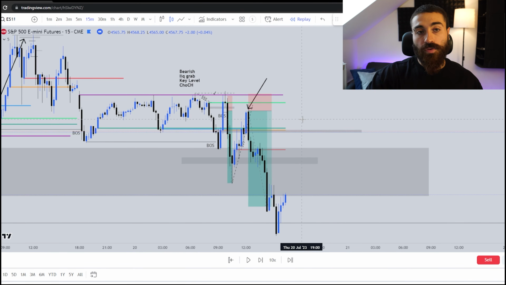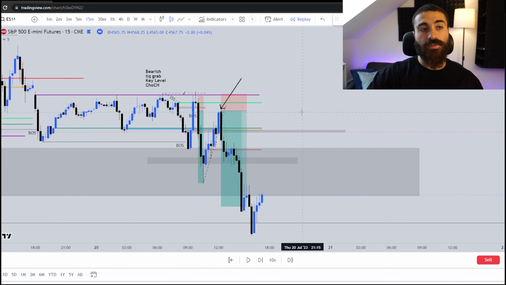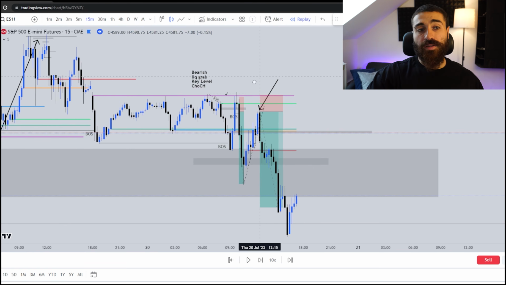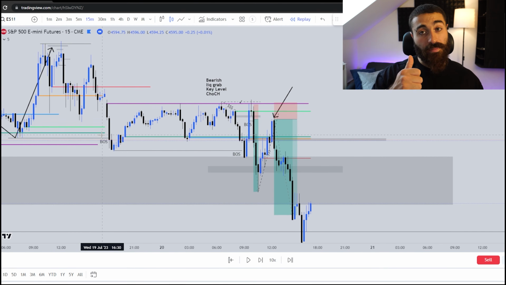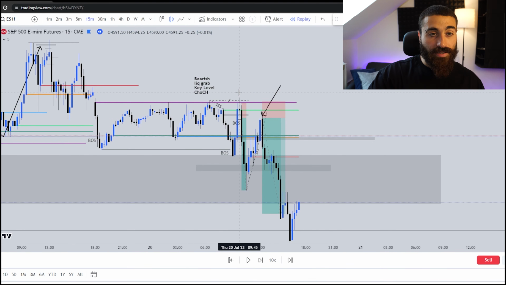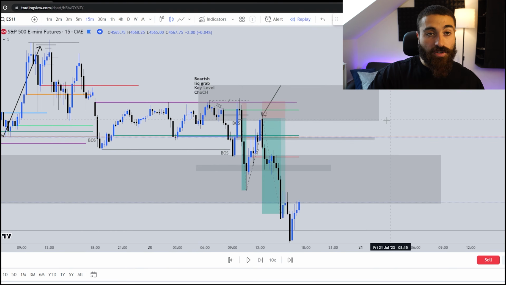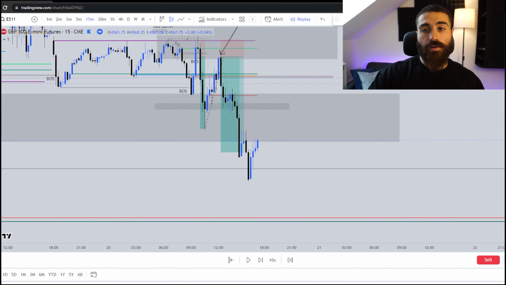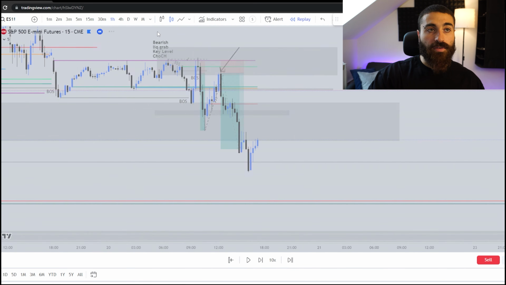Okay, so this is two entries, two ways that you can see the entries. And the bias comes from where? The bias comes from first, market structure, and second, that we are already taking all the liquidity from those areas. Market moves just to gather liquidity, and we took the liquidity from here, we took the liquidity from here, we made the engineered liquidity, we removed all the imbalance, and then we are going lower to another levels of liquidity.